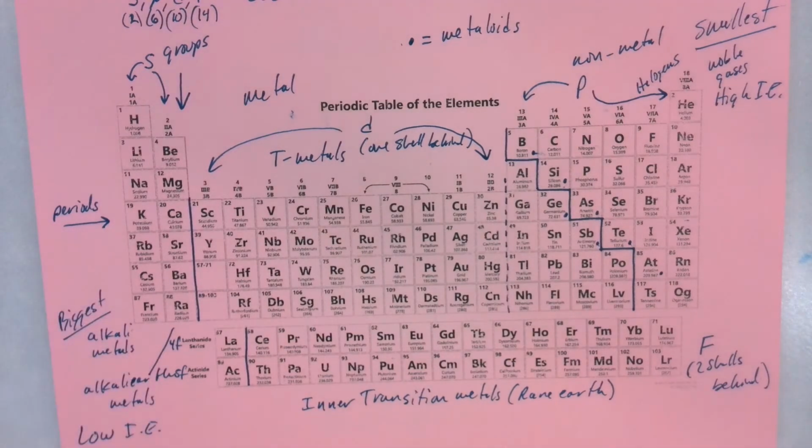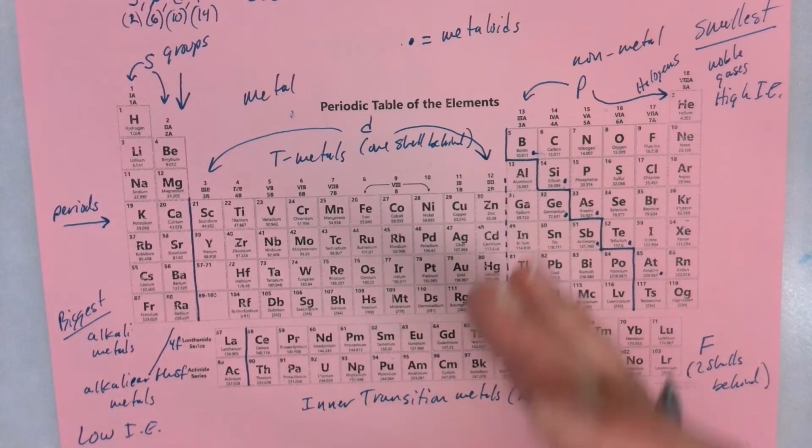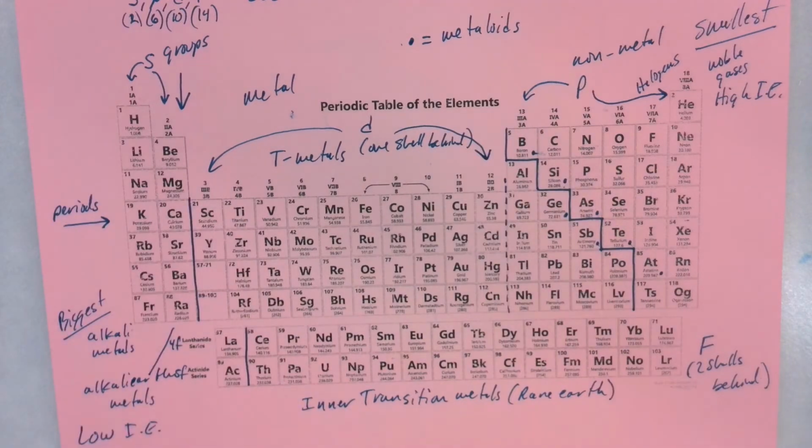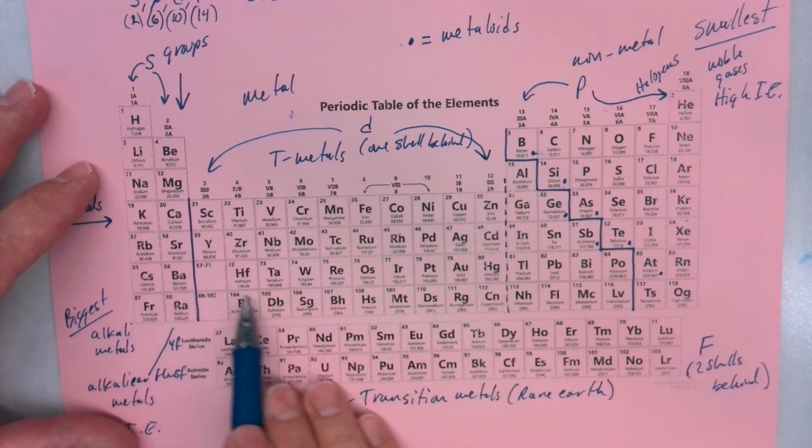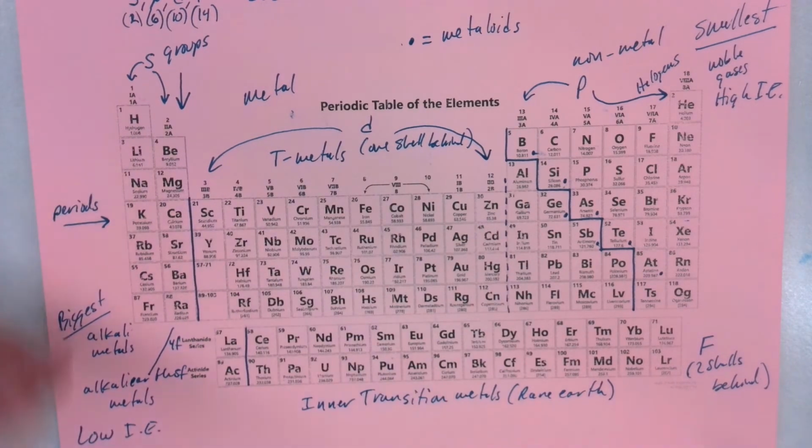Okay, so if I said, where are the metals at? Left of the steps, right? If I said non-metals, they are right of the steps, right? What if I said transition metals? Now, this is the transition metals, right? That's an area, okay? What if I said inner transition metals? Yeah, they're down here, right?